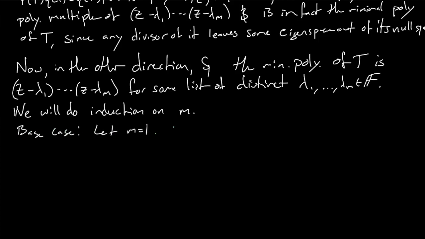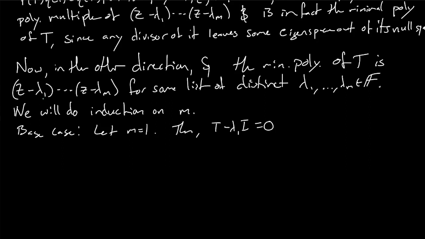Let m equal 1. Then T minus lambda 1 I is equal to 0. That is, if the minimal polynomial is just z minus lambda 1, then plug in T, it zeroes it out.